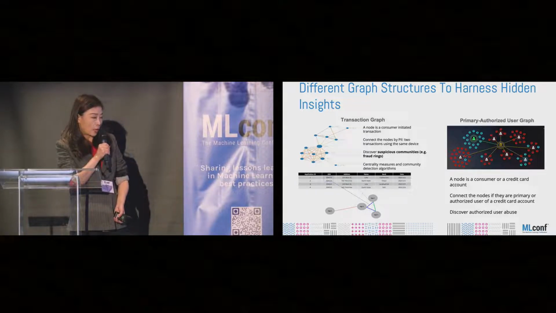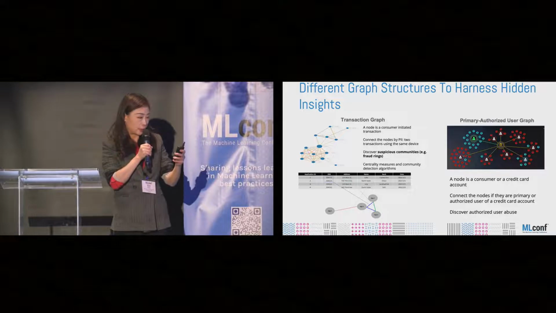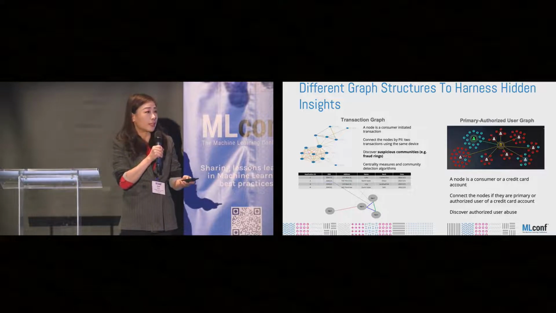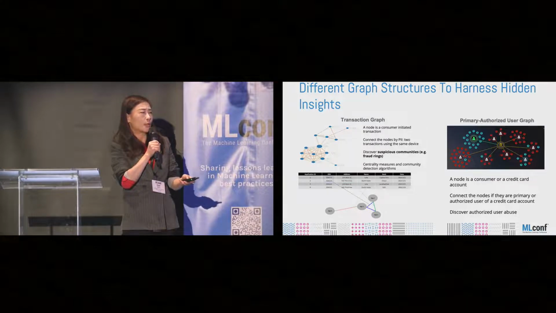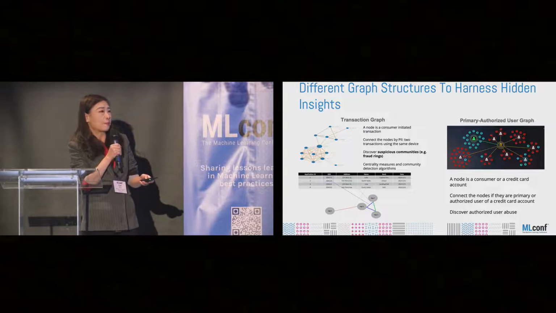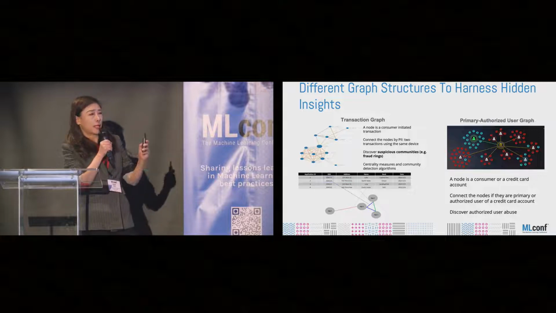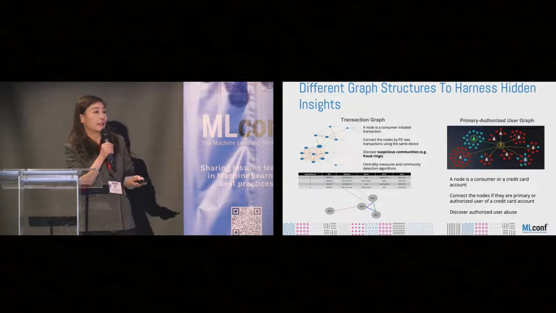For the transaction graph structure, this is what we do. If you look at it here, first we are collecting the transactions. Each row is a transaction. For example, a person applied at Capital One. And we put a transaction event as a node.